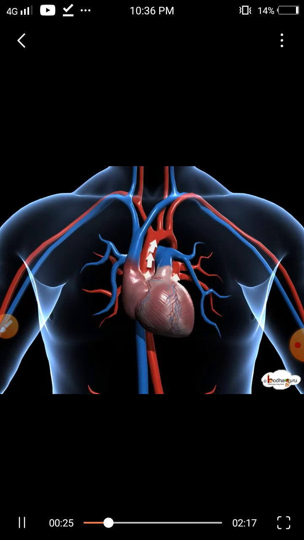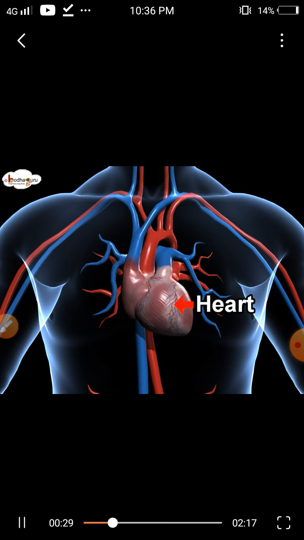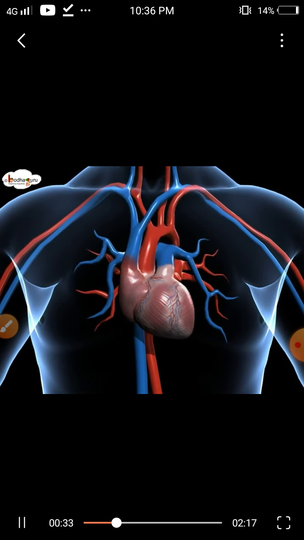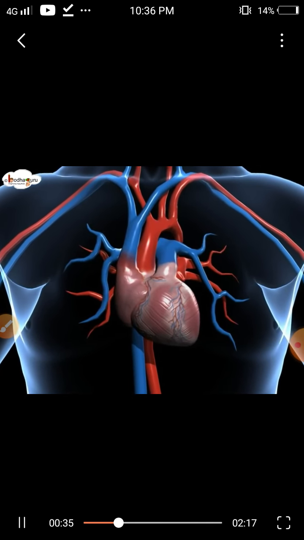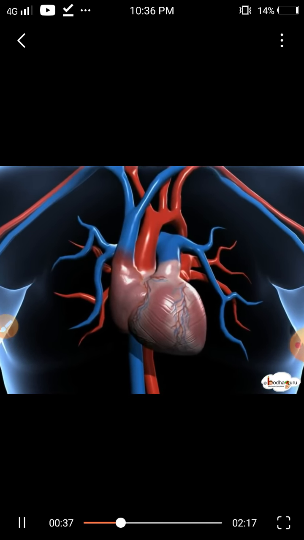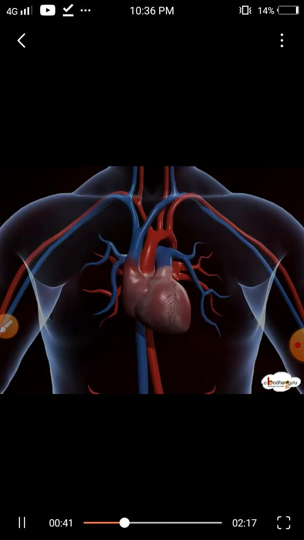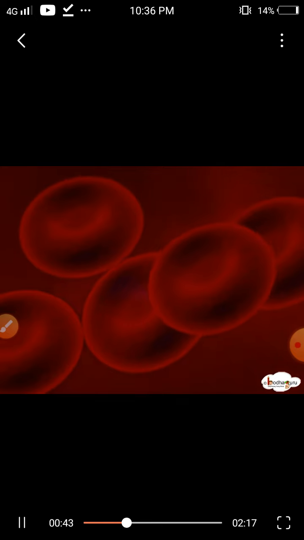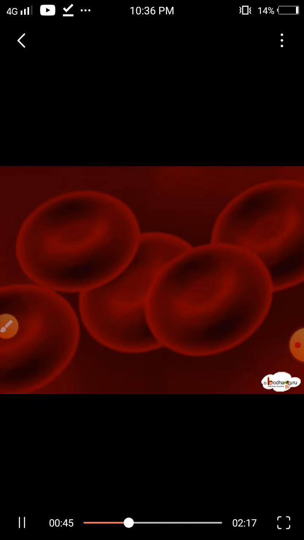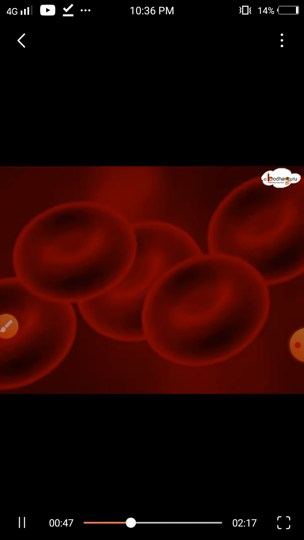The heart is the central organ for pumping the blood throughout the body. Heart is made up of strong cardiac muscles. Heart pumps liquid blood, a tissue which transports nutrients, gases, waste, etc. along with it.